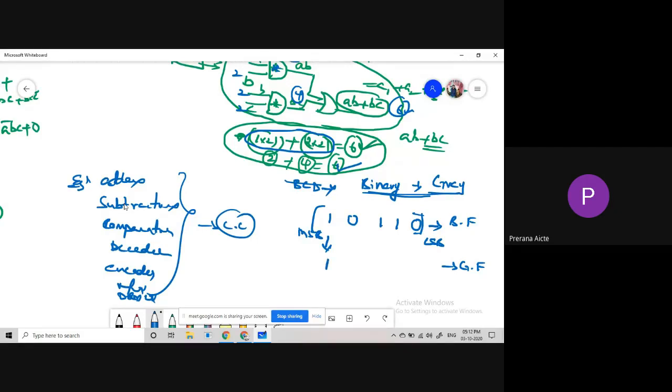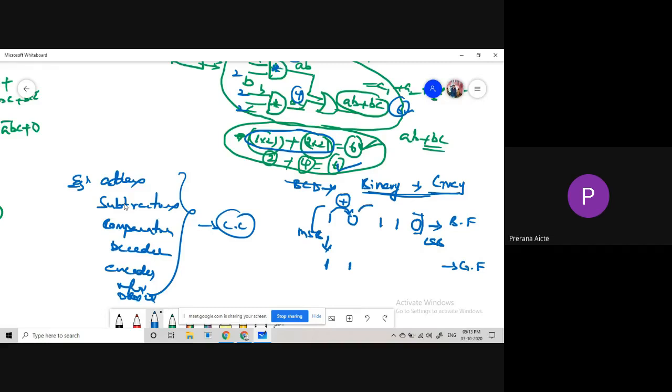The MSB of binary format is always the MSB of gray code. So what is the value of the MSB position here? One only. That's why we are taking this one. And then we apply the XOR operation for the consecutive numbers. XOR of 1 and 0 is 1.